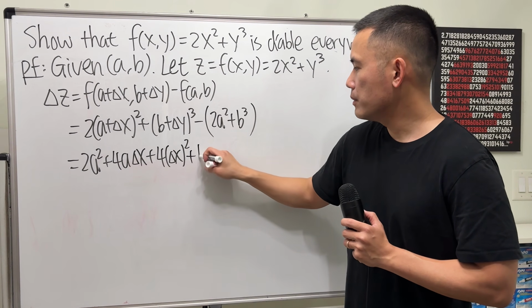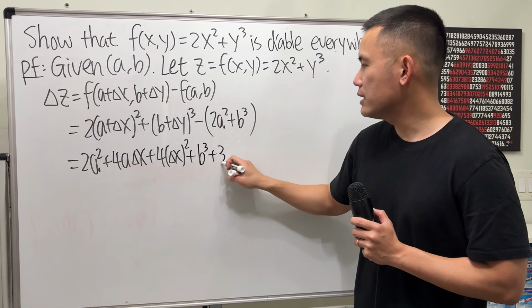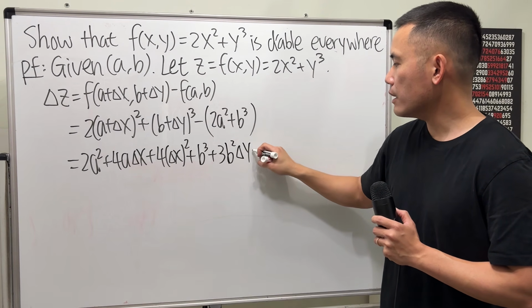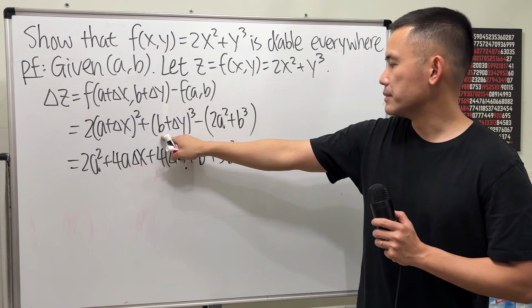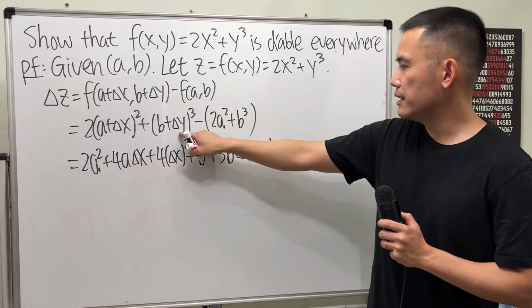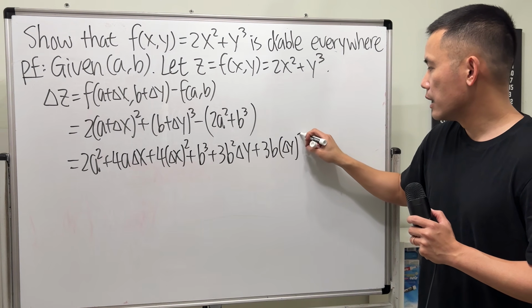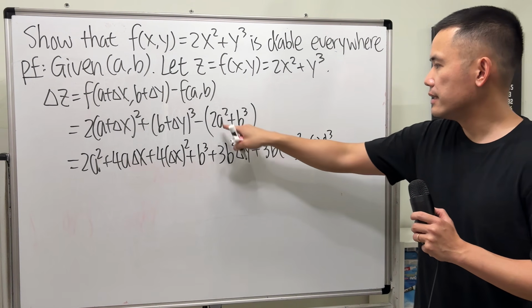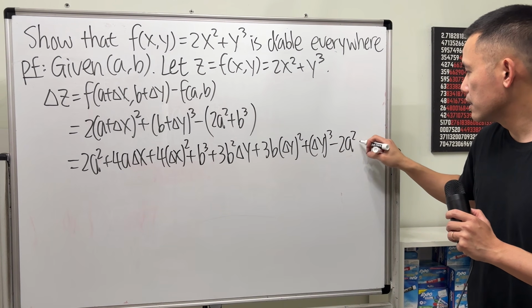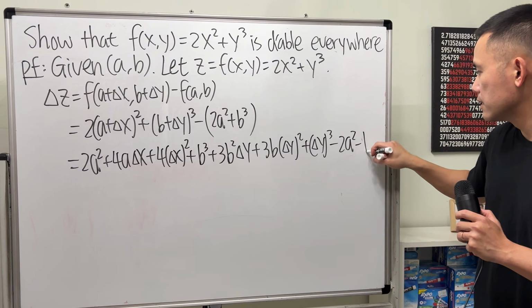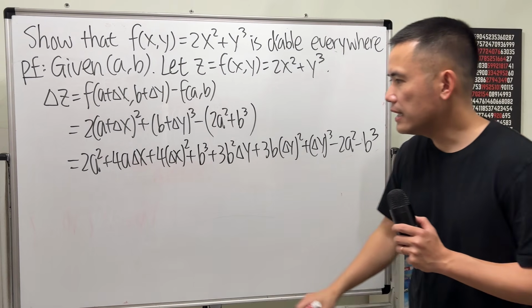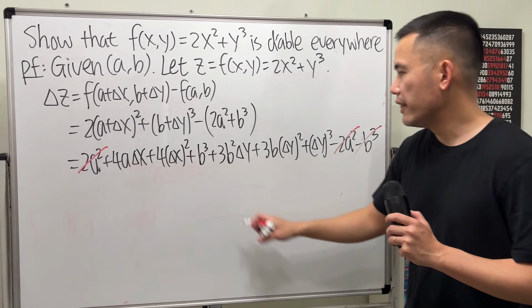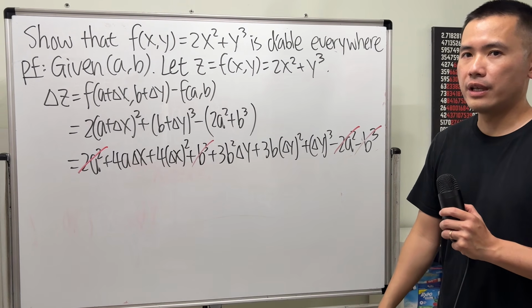Starting with the first term, cube that, plus 3 times this squared and then this to the first power, then plus another 3 times this to the first power and then this to the second power, and lastly this to the third power. And then distribute the negative. Okay, and then we see that 2a squared minus 2a squared is gone, likewise b cubed and that are gone. So that's just what we have for the algebra.